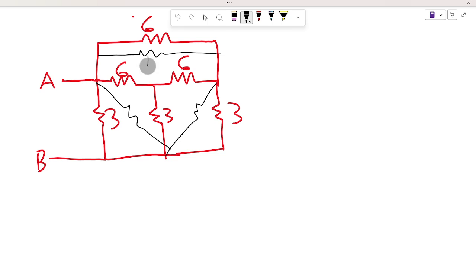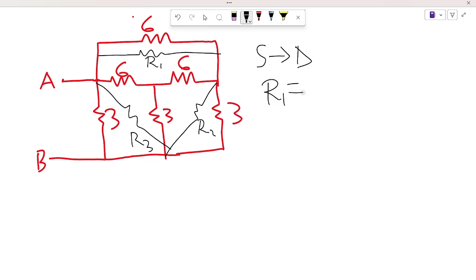So this would be say R1, R2, and this say R3. So R1, remember if we are converting from star to delta, the relation is going to be, we first look at the ones that are adjacent to the one that we are considering.